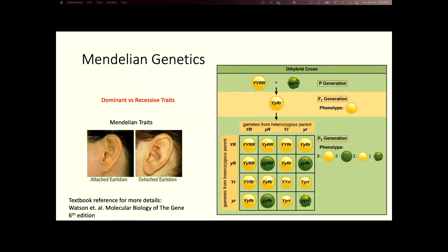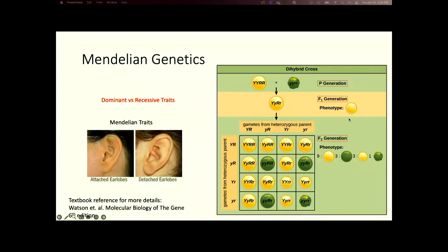So you can see that genotype and phenotype are not always equivalent to each other. A pea that's capital Y, capital R, capital R appears physically the same as a pea that's capital Y, lowercase r, capital R, lowercase r. The genotype is different, but physically and functionally these peas are the same. Their offspring would have different characteristics from each other.